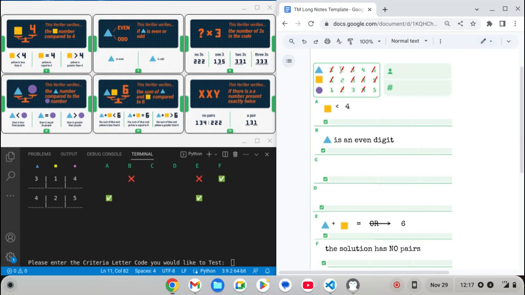Yeah, I'm trying to think, can we deduce either criteria card C or D? Well, yeah, maybe.